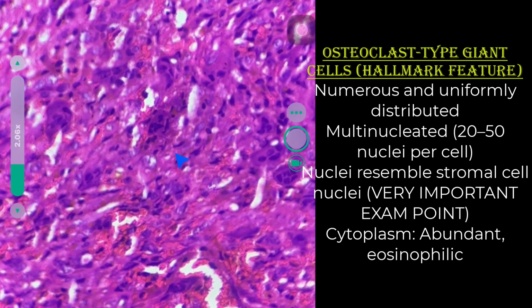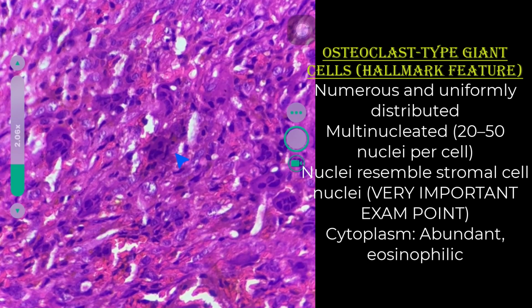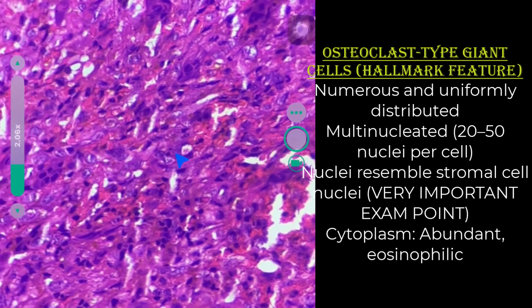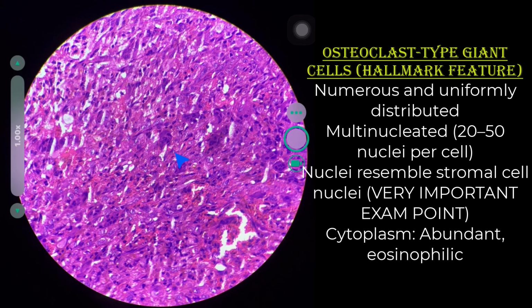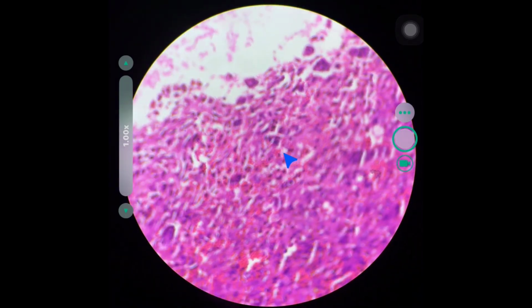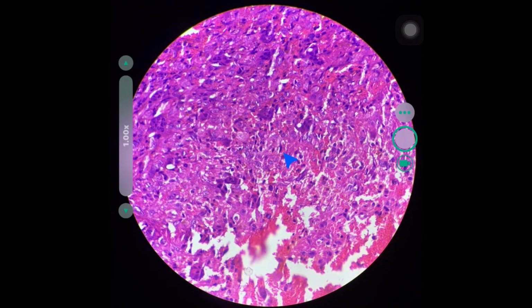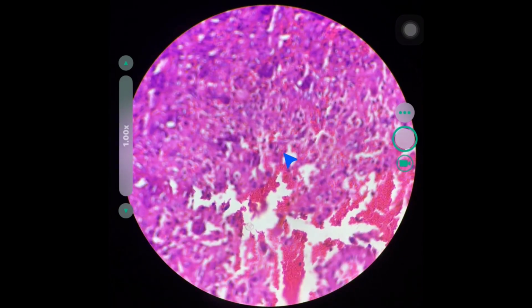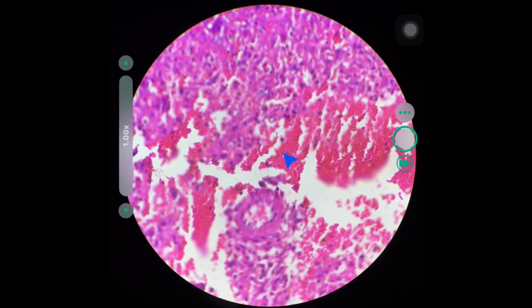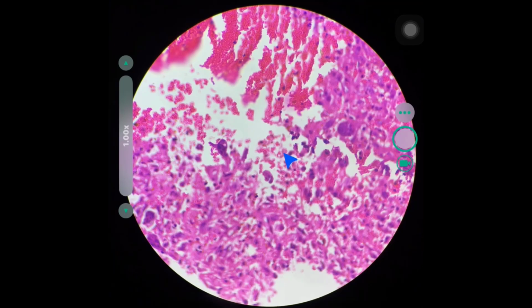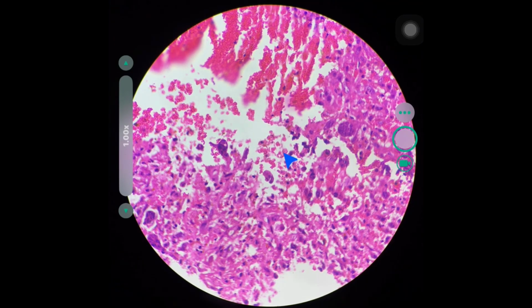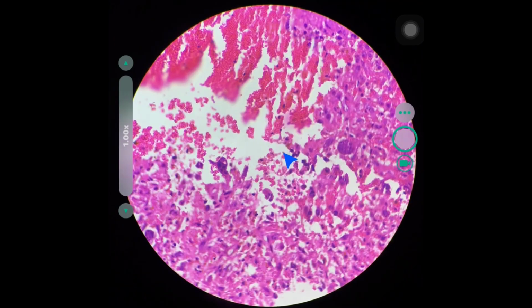So, what are the additional microscopic features we can identify in this GCT? Hemorrhage and hemosiderin. Frequent areas of hemorrhage and many hemosiderin-laden macrophages can be seen in this tumor.